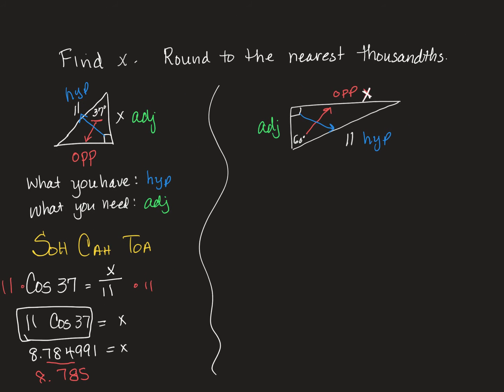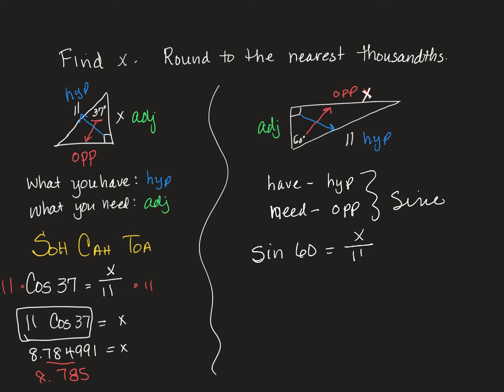Okay. What do I have? I have the hypotenuse. What I want or need is the opposite. Looking at my SOHCAHTOA, that's sine, right? So these two go with sine. So I'm going to say the sine of 60 equals my opposite over my hypotenuse.